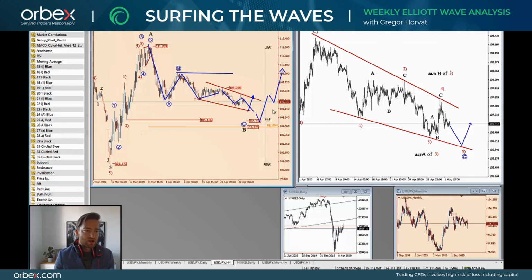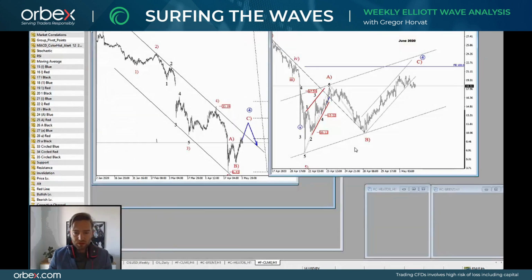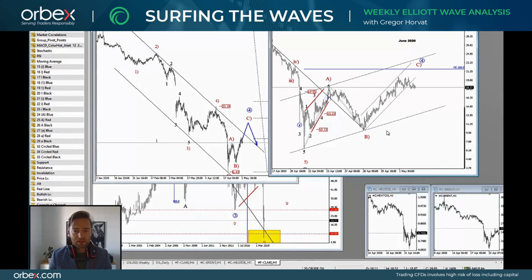I really like this one at the moment, and I will definitely keep a close eye on it for the rest of the week. And now finally the crude oil. Crude oil, as you know, is turning to the upside, but again, if we see stocks coming to the downside, which in my opinion is already happening, then crude oil may also face limited upside. What we are seeing from the lows is actually an ABC rise.